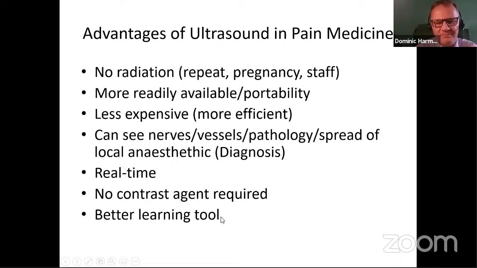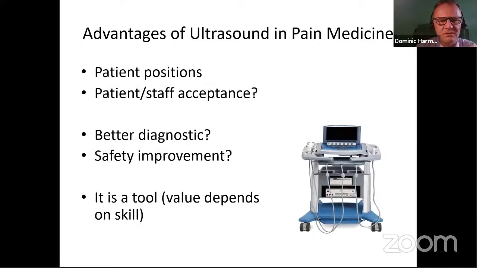And of course, it's probably a better learning tool as you learn more. For example, let's say you're learning about back pain, you're adding to your anatomical knowledge using the ultrasound on a repeated basis. And you go forward in that manner as you know more about conditions and more about the procedures that can be used for the condition. Sometimes the X-ray can be more of a static learning tool.